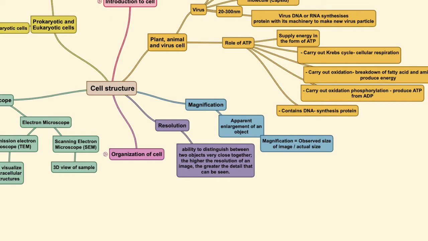So for resolution, the amount of detail can be seen. Hence, if the resolution is higher, the details are more. So for example, light microscope, the maximum resolution is only 200 nm. That means if the object and another point is closer than 200 nm, they cannot be observed.